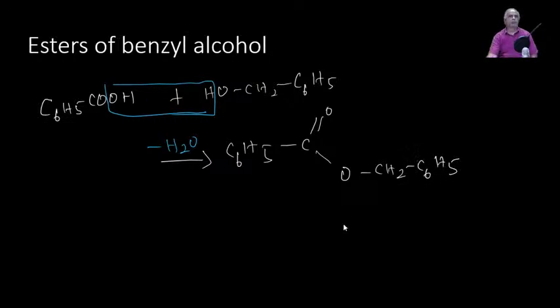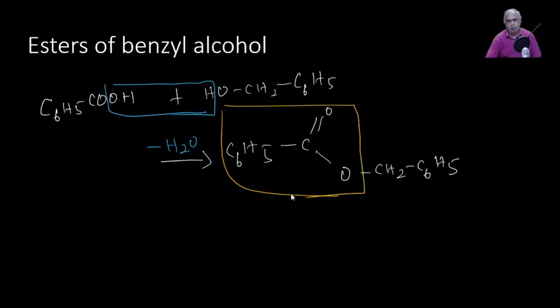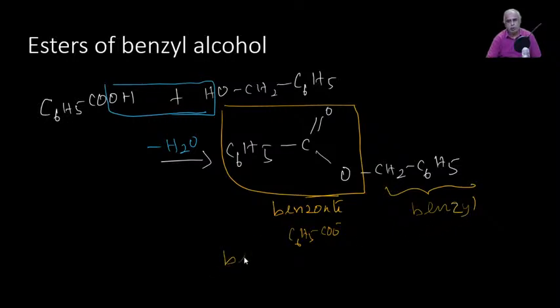What is this anion? Benzoate anion, C6H5COO minus. And this is the benzyl group. So it should be called benzyl benzoate. Right? Benzyl benzoate.